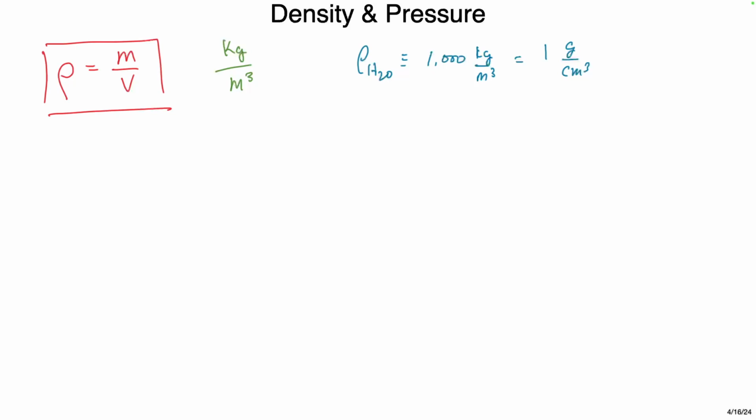It's just chemists typically aren't dealing with a cubic meter of water. That would be a cube, that wide, that tall, and that deep. They just don't use that much of their solutions and things like that. They're using very, very tiny amounts, maybe a beaker full. So it's a little bit more convenient for them to scale everything to grams per cubic centimeter.